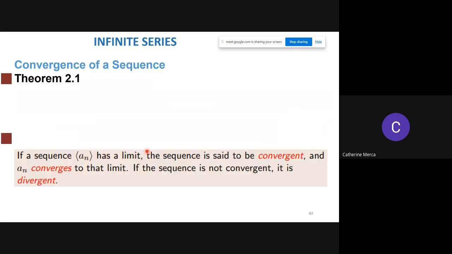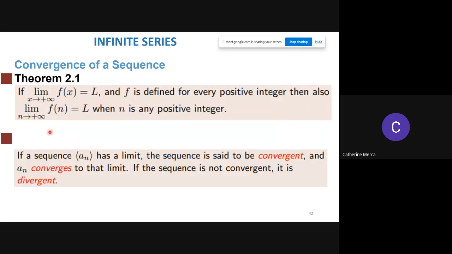Parang summarize. So, your theorem says that if your limit f of x as x approaches positive infinity is equal to L, and if f is defined for every positive integer, then also ang limit anang f of n as n approaches infinity is equal to L, where n is any positive integer. So, pwede gamitin ang function, no, f of x as x approaches positive infinity.